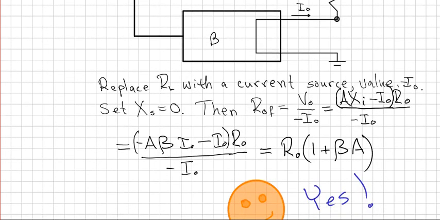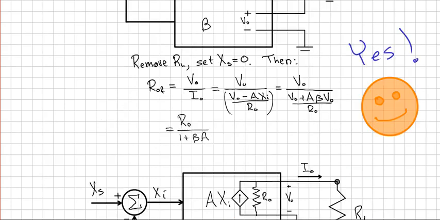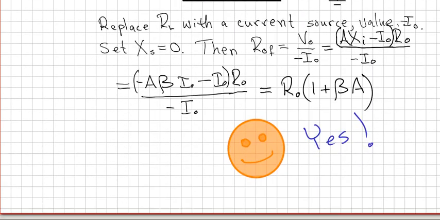And then we can substitute in for Xi as we did before. It's minus beta times I out. And then you can cancel out the I outs everywhere, and you get R out times 1 plus beta A, which is just absolutely delightful, because that's exactly what we want. And our little guy here is just absolutely delighted about that.